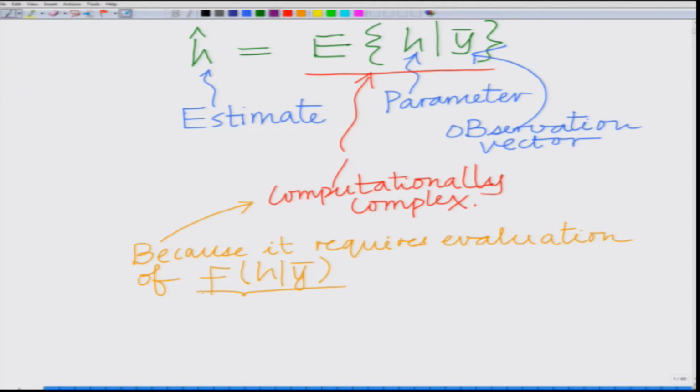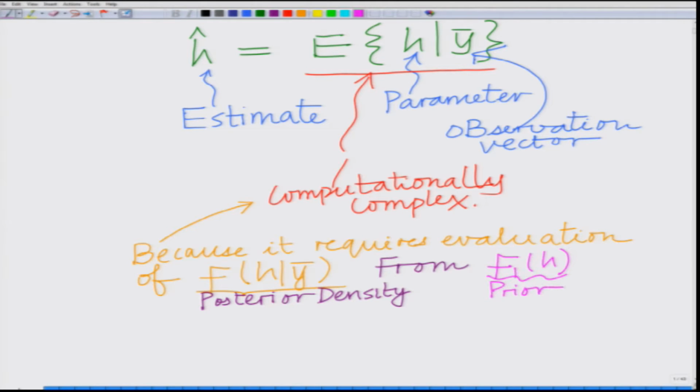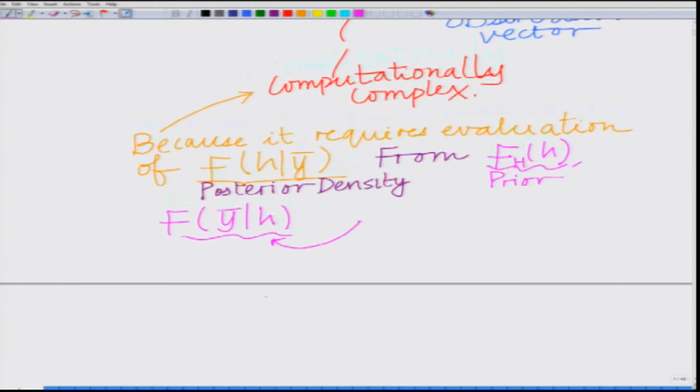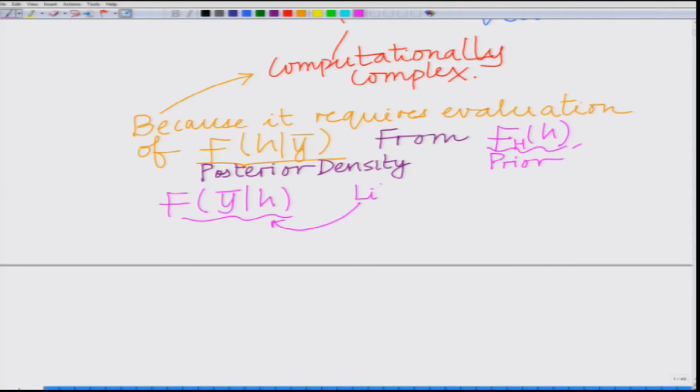Remember, this is the posterior density, computed from f of h, which is the prior, and f of y bar given h, which is the likelihood of the observations.